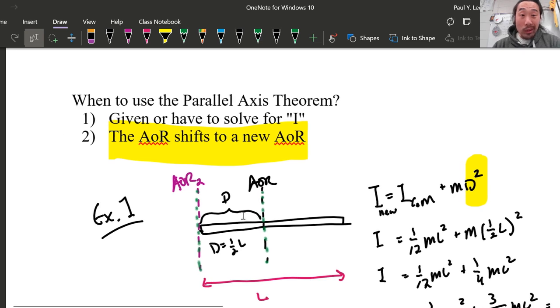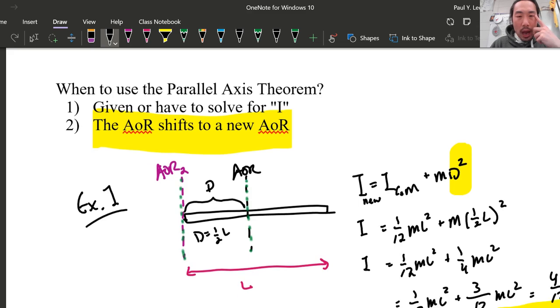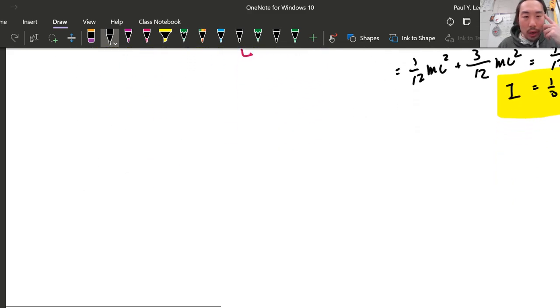And we just went over when to use the parallel axis theorem. The more difficult problems you might see just combine two separate skill sets. In another video, I go over what happens if the problem gives you, let's say, lambda, which is the mass of the object divided by the length.